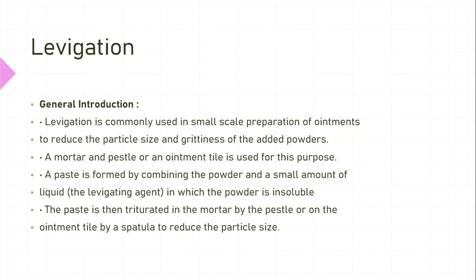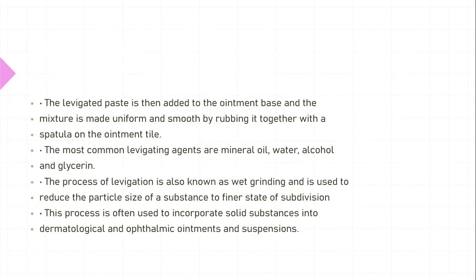A paste is formed by combining the powder and a small amount of liquid in which the powder is insoluble. The paste is then triturated in a mortar with a pestle, or on the ointment tile with a spatula, to reduce the particle size. The levigated paste is then added to the ointment base, and the mixture is made uniform and smooth by rubbing it together with a spatula on the ointment tile. The most common levigating agents are mineral oil, water, alcohol, and glycerin.